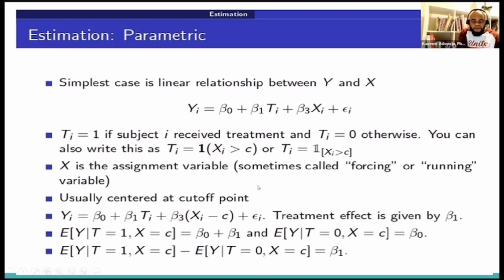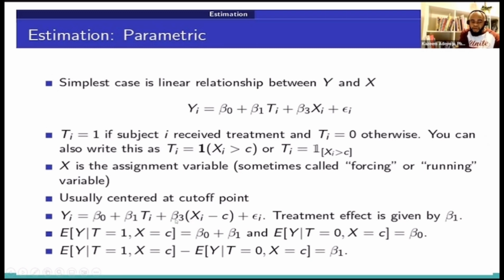In explaining the model specification once again, it is still going to look like a conventional regression model where you have the error term, and the assumptions also revolve around that. Then we need to center at the cutoff point. To do the centering, we subtract the cutoff point C from the running variable.